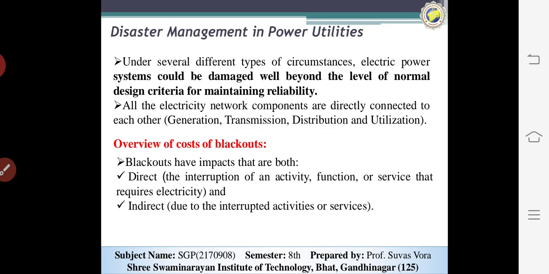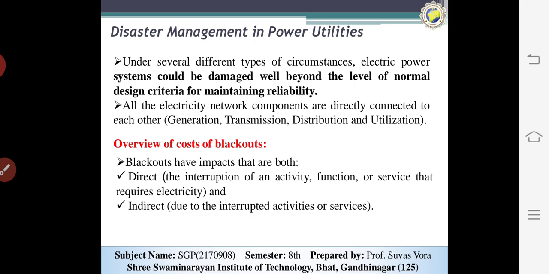The direct impact can be avoided if the end user has a backup system, but these are often proven unreliable. Now we consider the indirect impact due to interrupted activities or services.